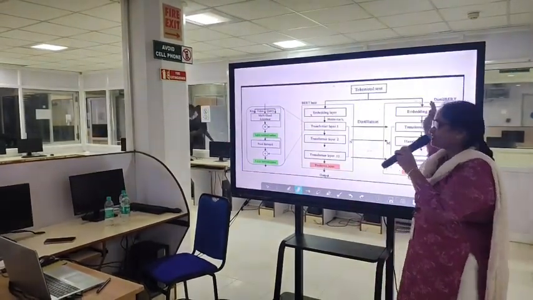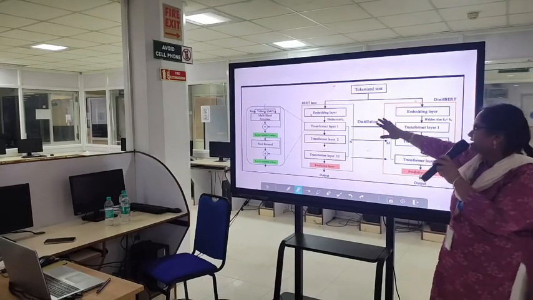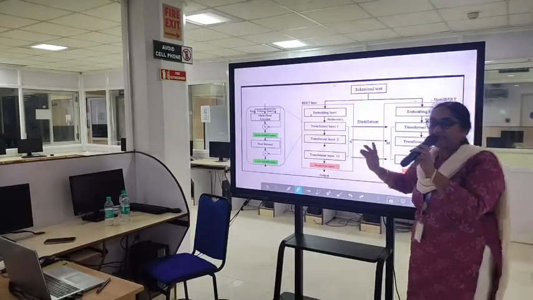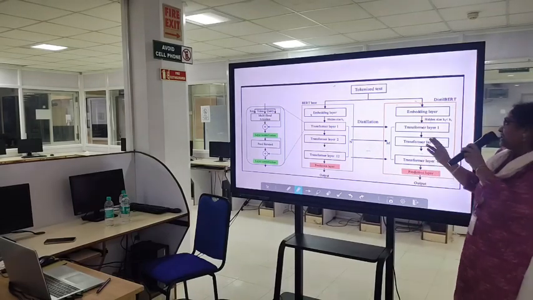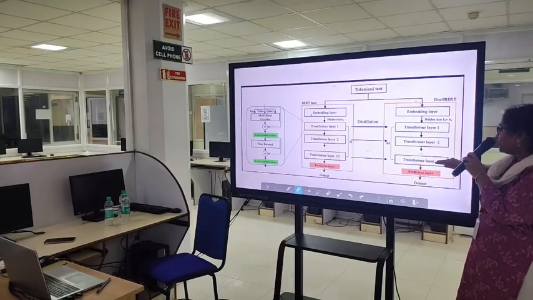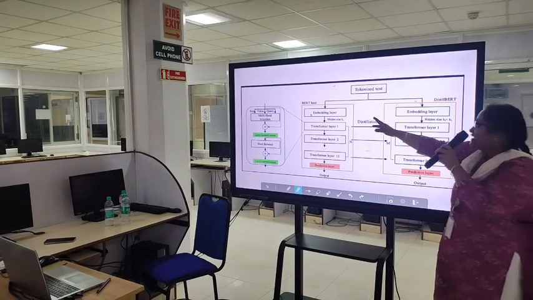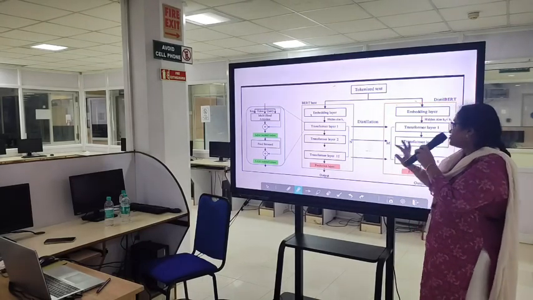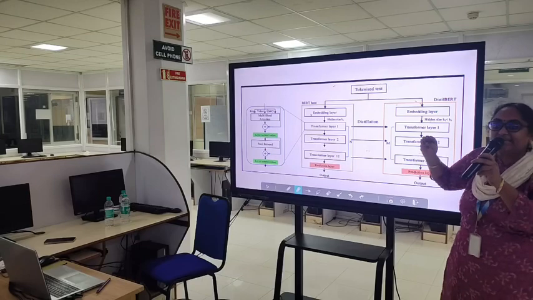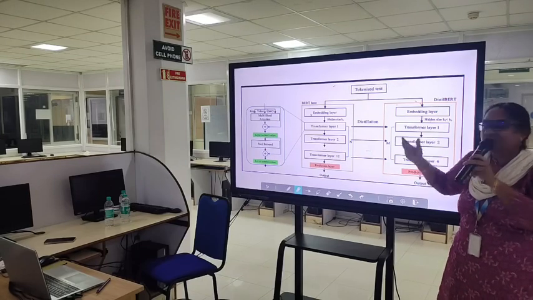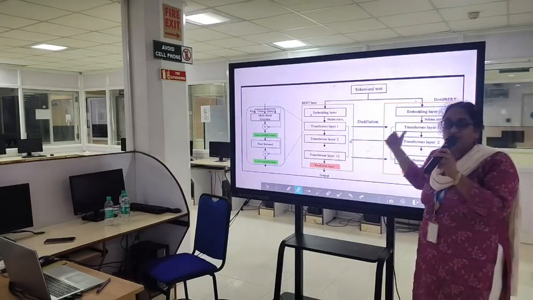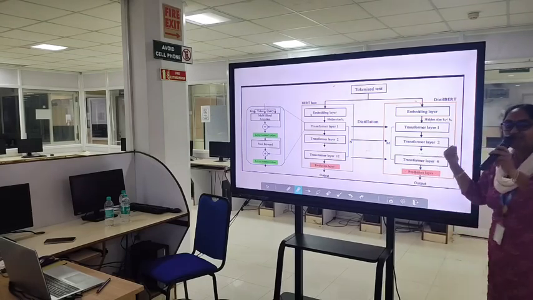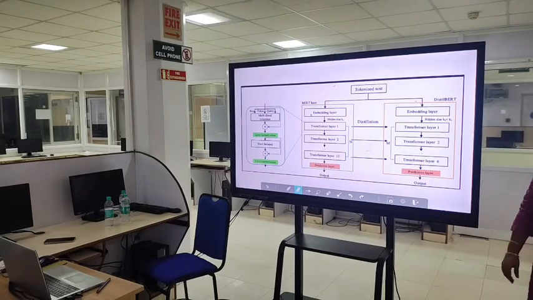So what is the difference between both of them? Everything is the same, except the fact that in DistilBERT you are having only 6 transformer layers, whereas in BERT you are having 12 transformer layers. So DistilBERT is 40 times more efficient compared to BERT, and it also consumes less space.